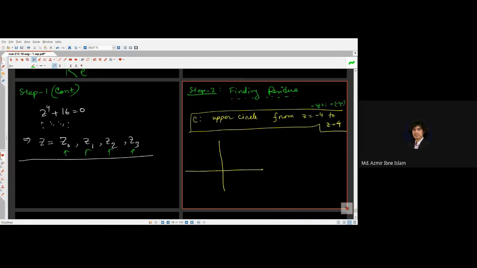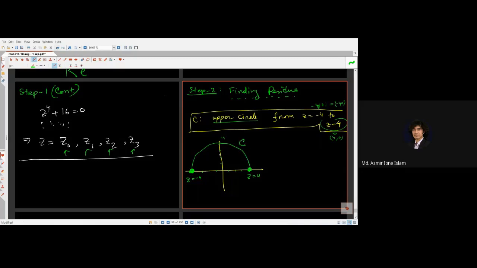So -1, -2, -3, -4. This point is z equal to -4. And z equal to +4 will be the point (4, 0). So on the right side, 1, 2, 3, 4. So this is z equal to 4. And since this is the upper circle, in the upper part we also have the same distance 4. So now we can draw the contour. So this is our given contour.